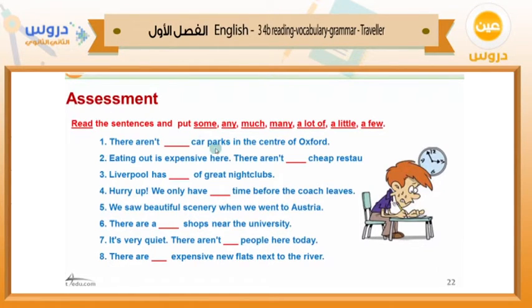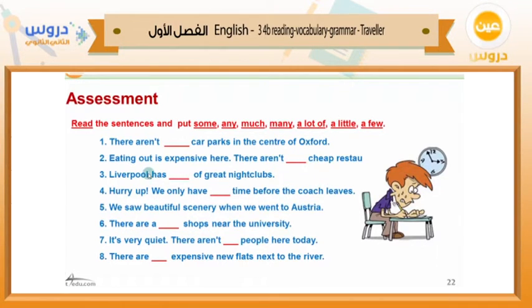There aren't car parks in the center of Oxford. Car parks is countable because you've got S and we can count the parks, so we use many. There aren't many car parks in the center of Oxford. 2. Eating out is expensive there or here. There aren't any, because of negative, we use any cheap restaurants. 3.